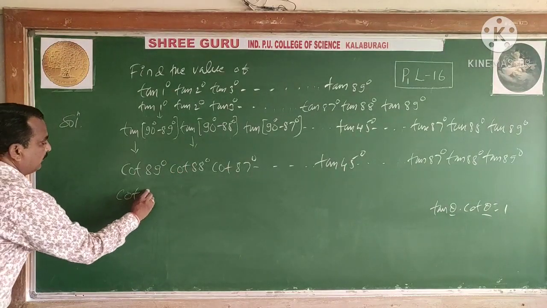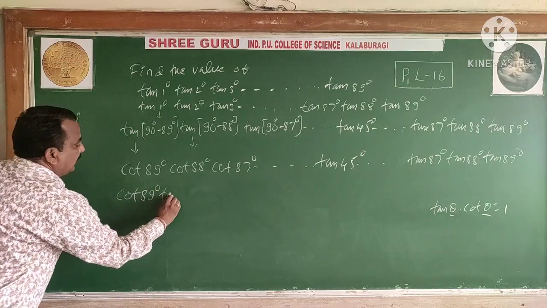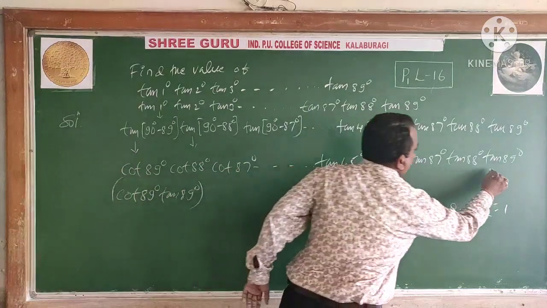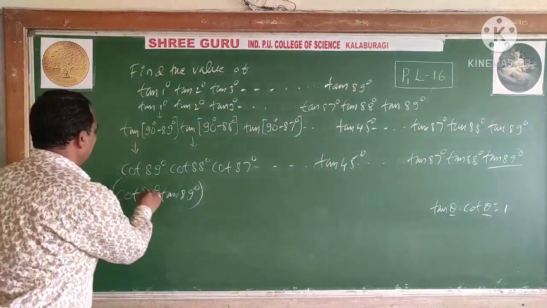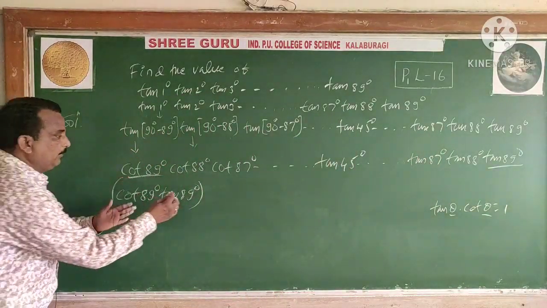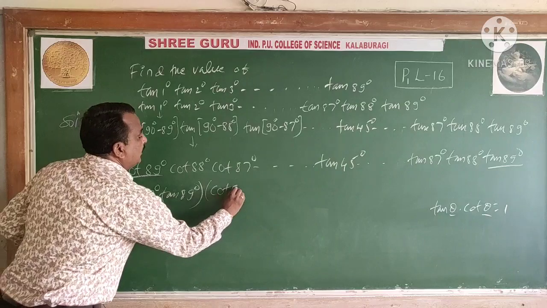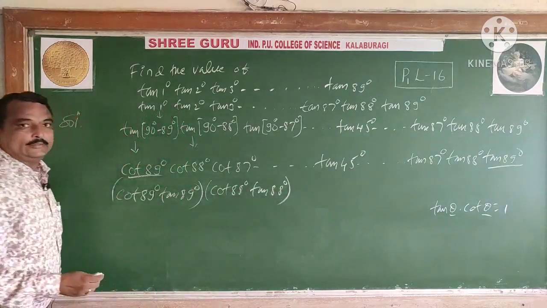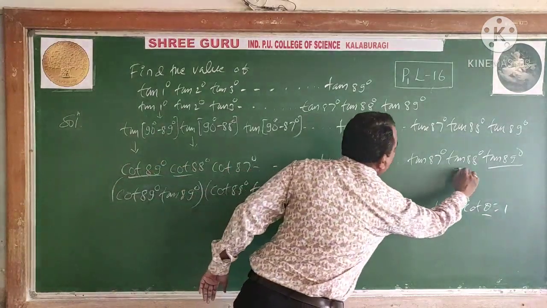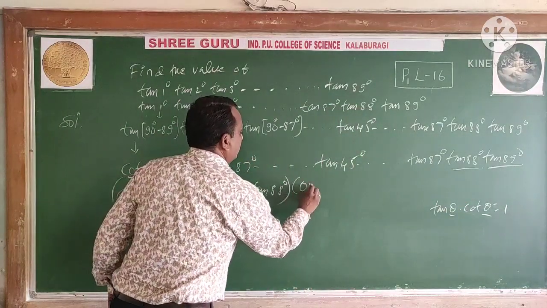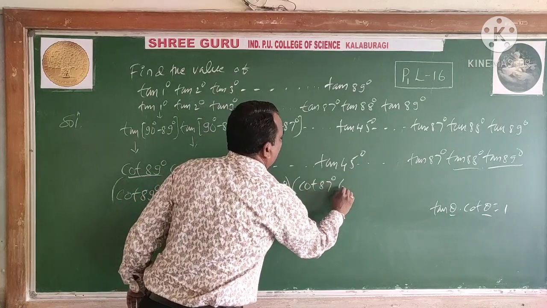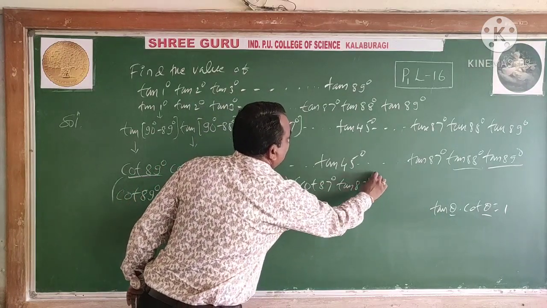Make the pair cot 89, tan 89. Here I am making pairs, this term and this term: tan 89, cot 89. Like that you can make the pairs: cot 88 into tan 88, these two terms here. Similarly, cot 87 into tan 87.